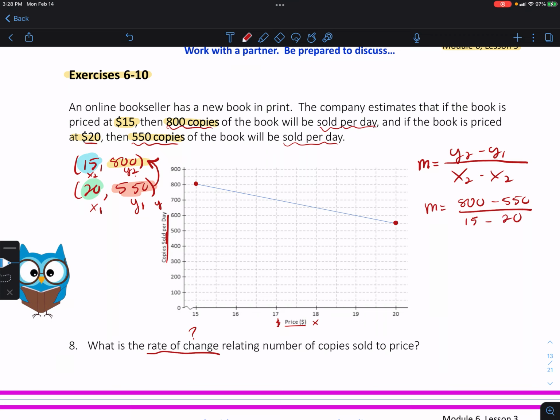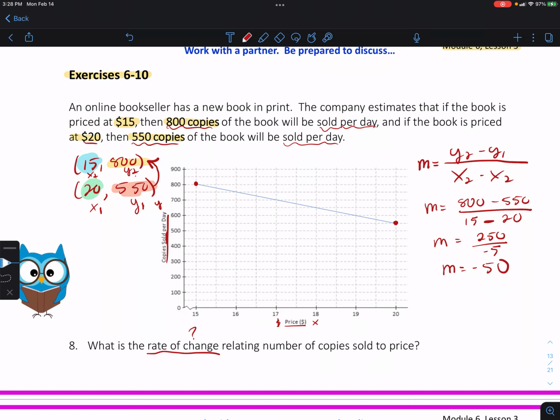So my change in y will be 800 minus 550, which is going to be 250, and then the 15 minus 20 will be negative 5. All I need to do here is just divide, and we'll get a rate of change of negative 50.